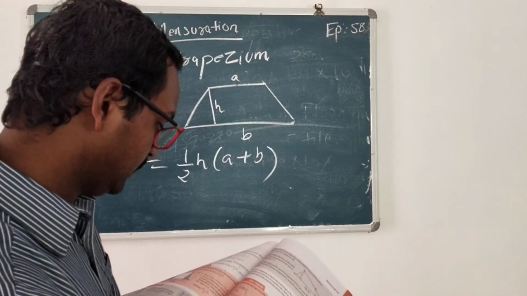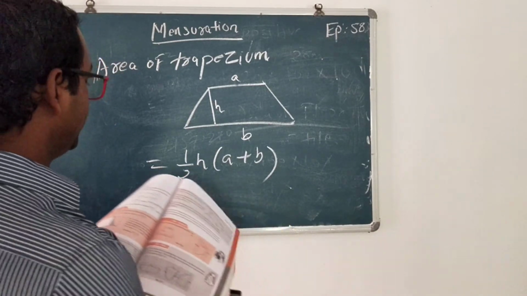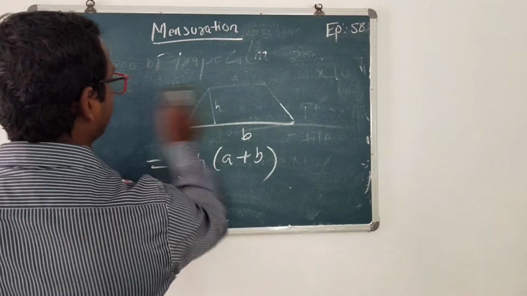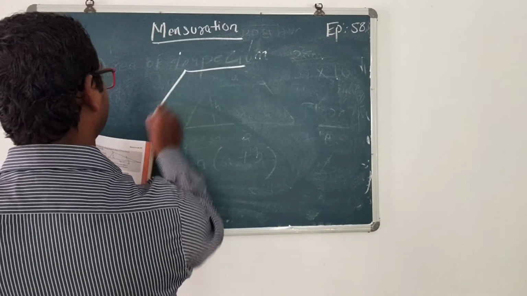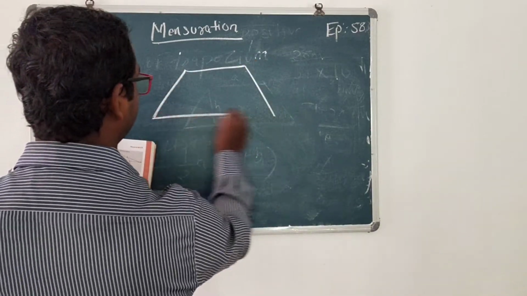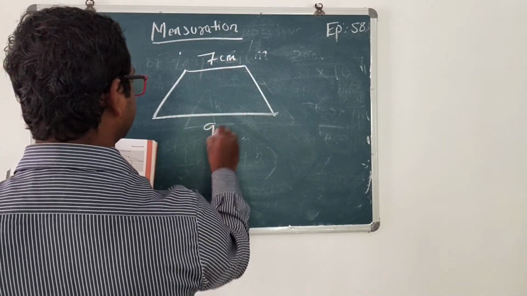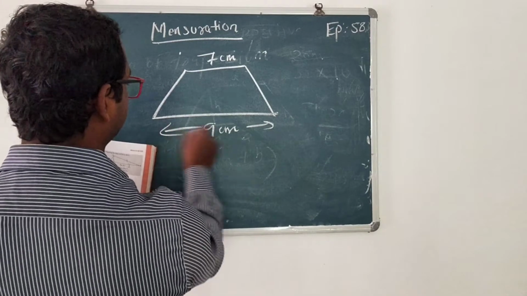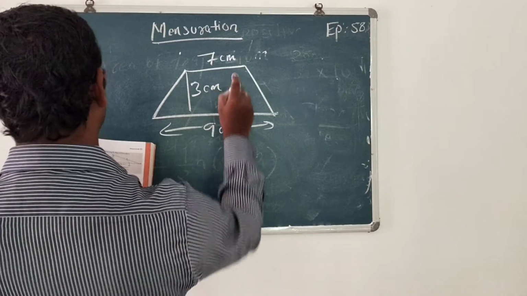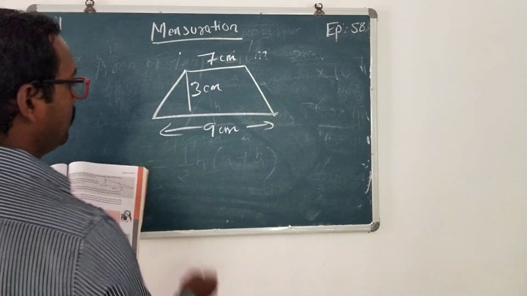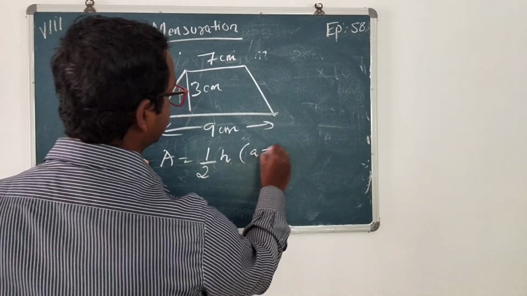Let me do one question from page number 173. Try this question. See, this is the figure. This is 7 centimeter, this is 9 centimeter, and we have a height which is 3 centimeter. To find the area of this trapezium, use the formula: area is 1 by 2 h (A plus B).